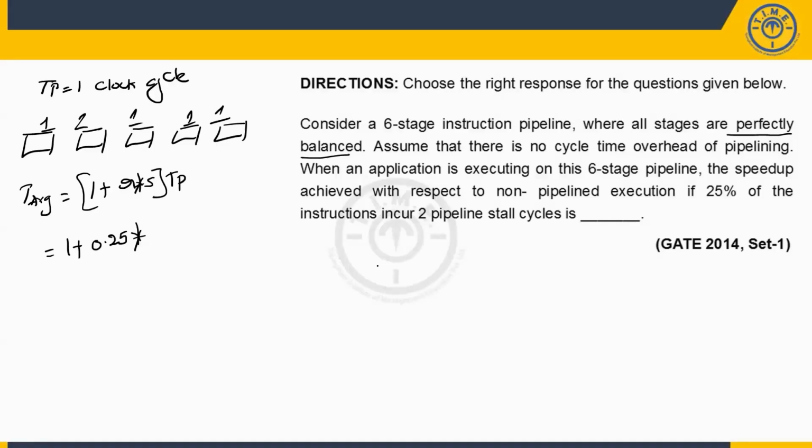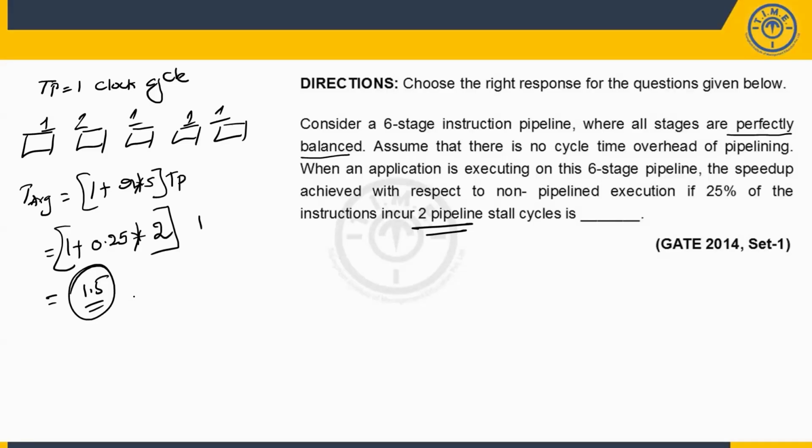Hold on, the 2 is directly given. I was thinking about some different question. So 1 plus 0.25 into 2 into 1 is 1.5. So this is the average instruction execution time in a pipeline system.